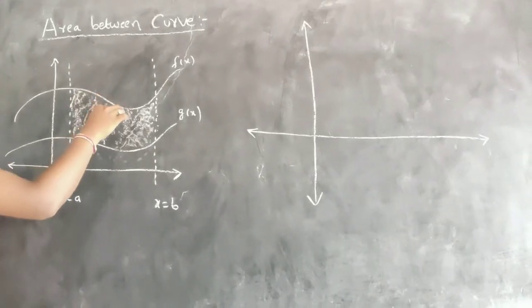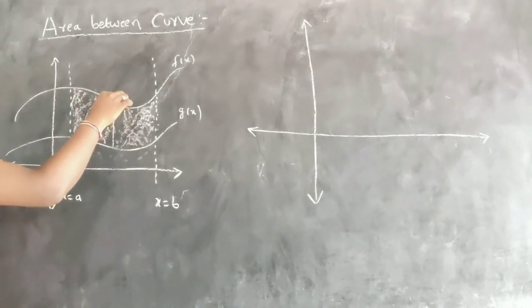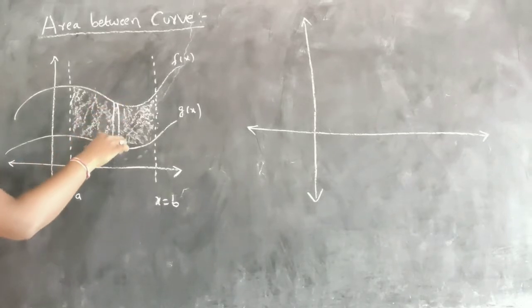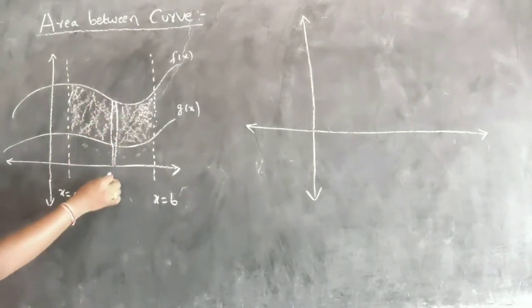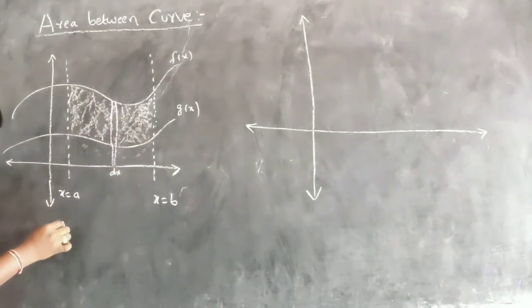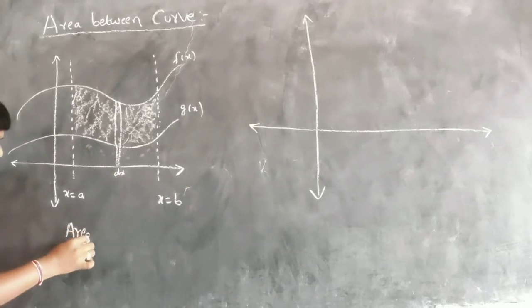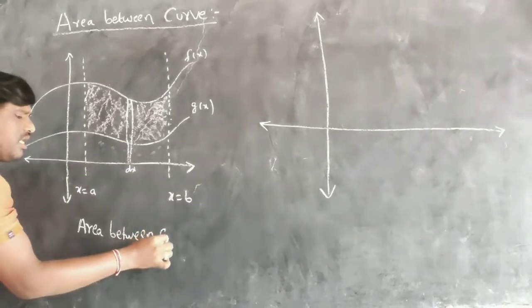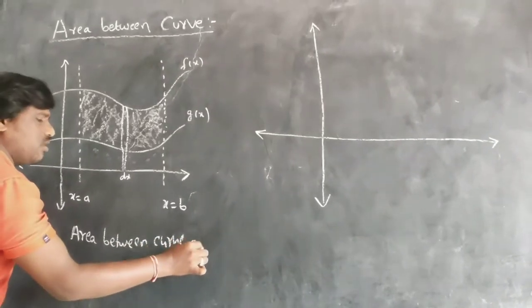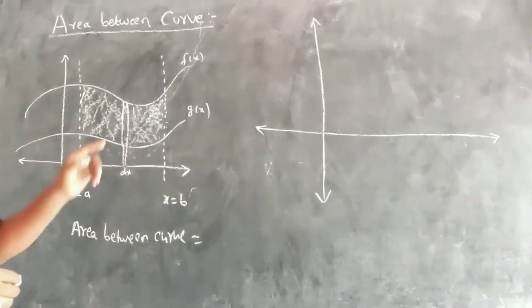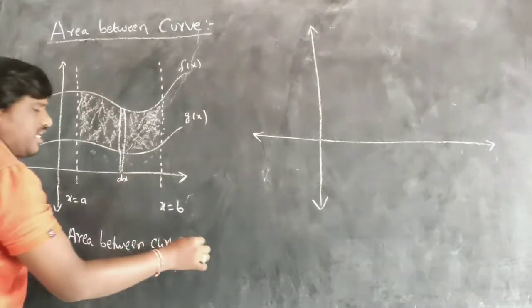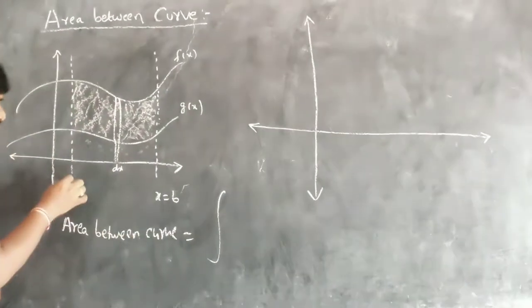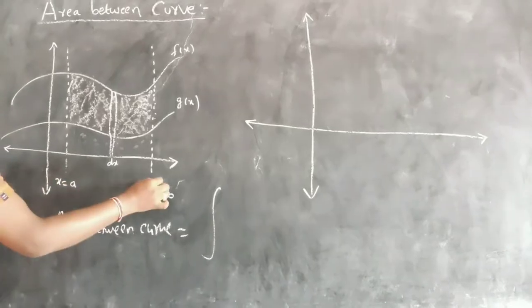If I want to find the area of this region, I can draw a strip here. This is the dx strip. The area between the curves is equal to the above area minus the below area. The above area is from a to b.